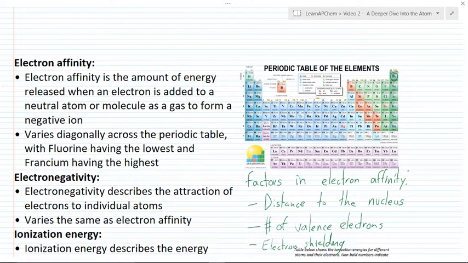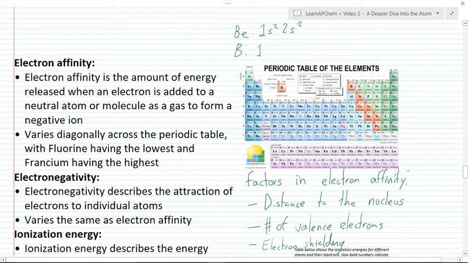Now, if we look at the electron configurations for, let's say, beryllium and boron. For beryllium, I won't be lazy, I'll write out the full thing: 1s2, 2s2.